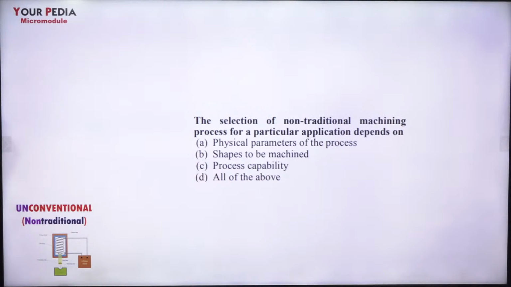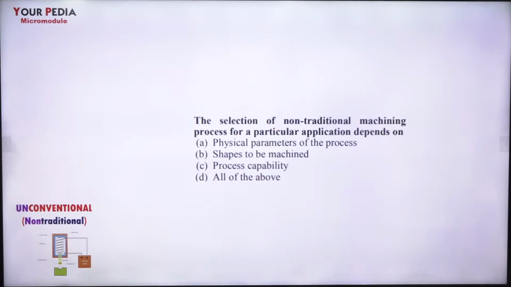Selection of a non-traditional machining process for a particular application depends upon what? Shape to be machined, process capability, physical parameters of the process, or all of these?